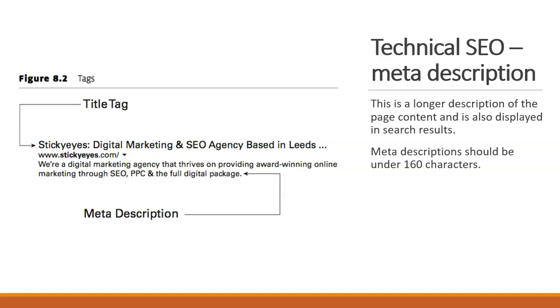The meta description should be under 160 characters, and it's a description of what's on the page. So we'll see in the search result the name of the company, the website URL or domain name, and then the meta description that helps us to know what we would find on that website if we clicked on it.